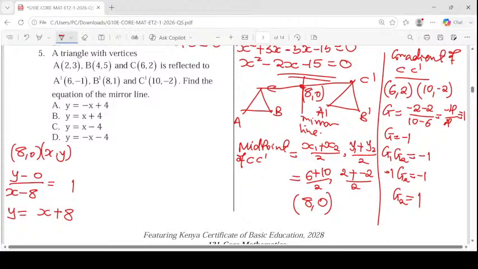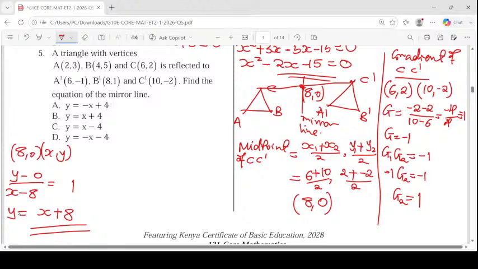Based on our calculation, this should be the correct answer.